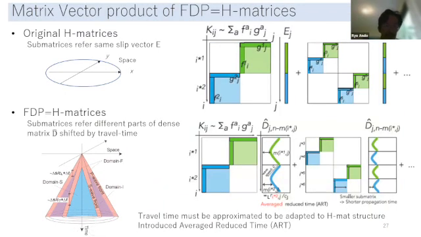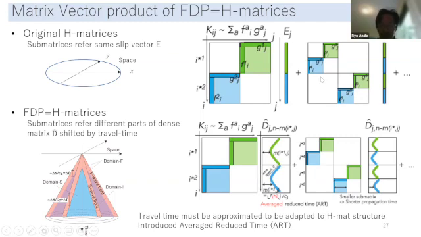Okay, so a bit more difficult part is how to conduct a matrix vector product in our FDP-H matrices. For the original H matrices, the matrix vector product is very simple because the vector is always referred from the same vector like this.